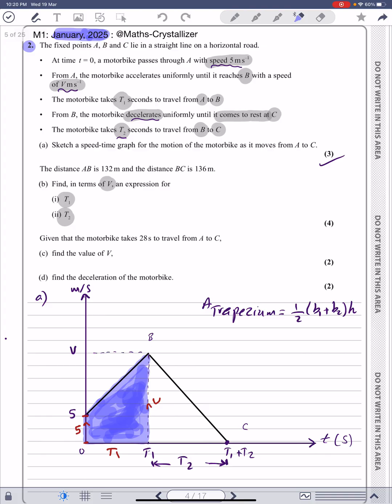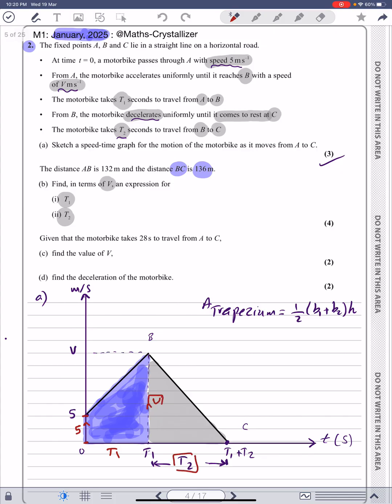He gives us the distance BC is 136, which is the area of this triangle in gray. The area of the triangle is half times base times height. The base is T2.